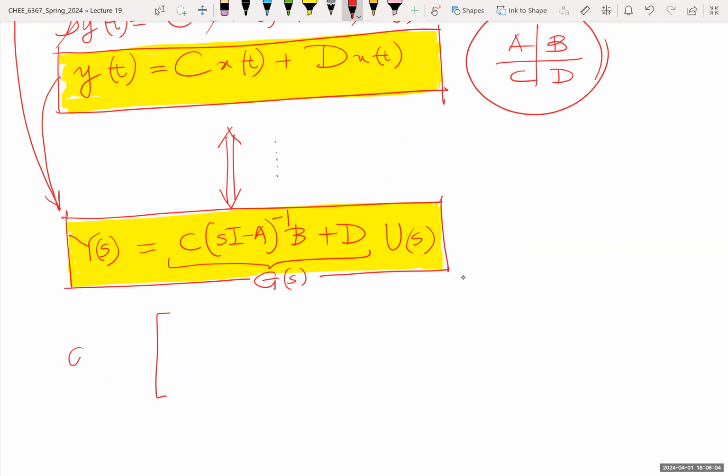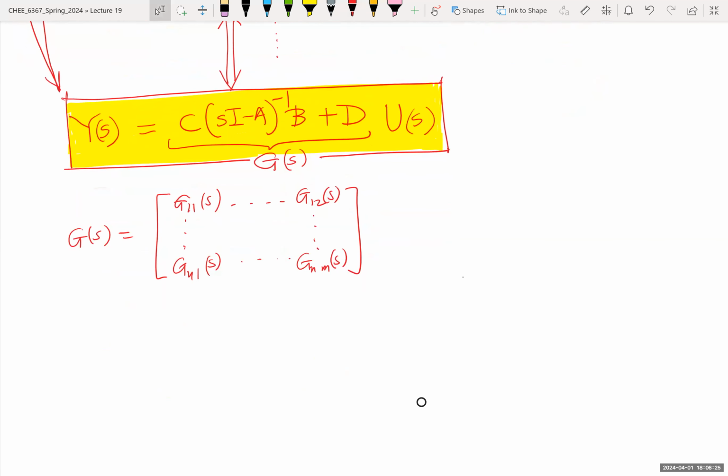So you have this matrix G of s equals G11 of s, G12 of s, up to Gn1 of s, Gnn of s. So this is my transfer matrix. And for this, I can define the poles and the zeros.